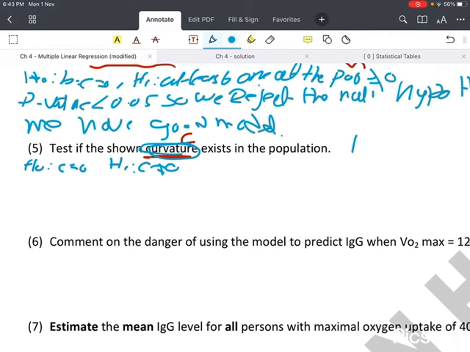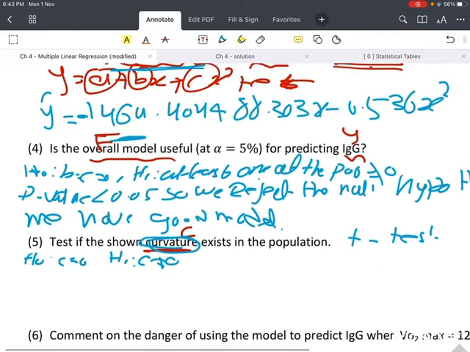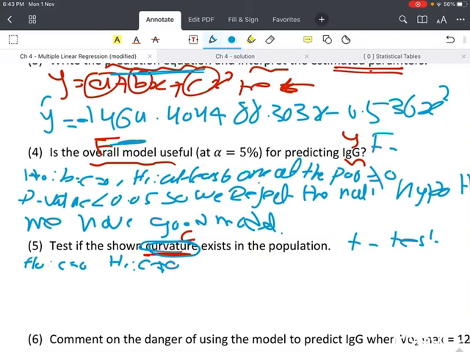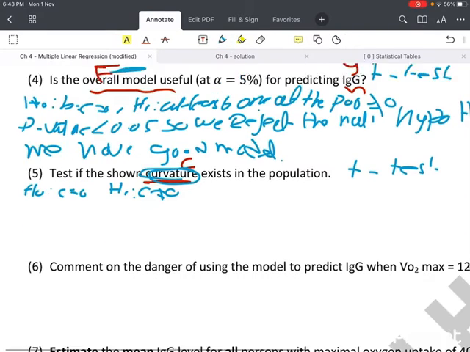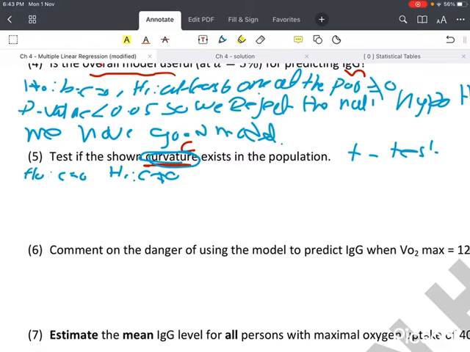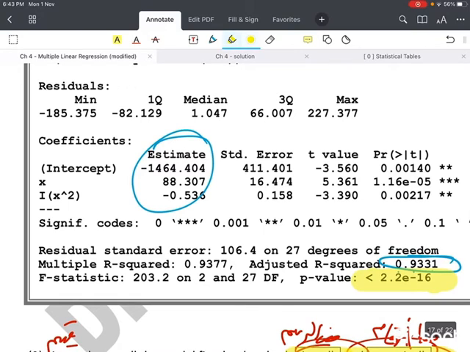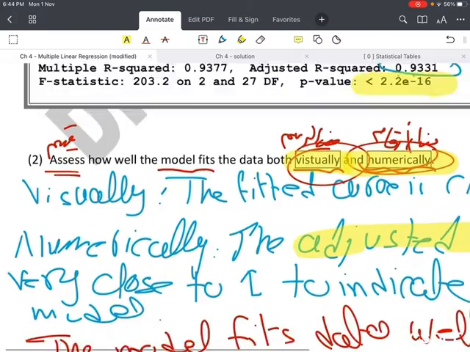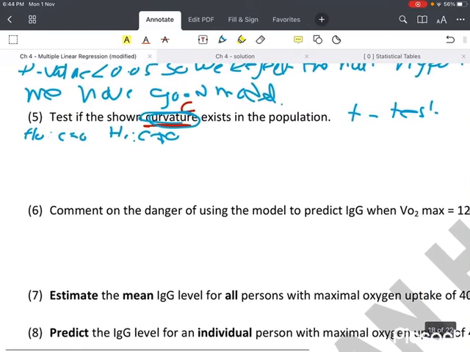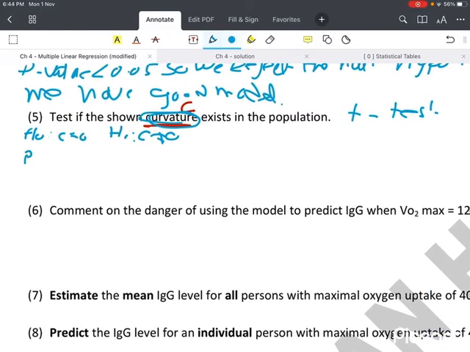So we'll use the T test, while here we use the F test. Then the P value you will use is for C. So you will find C, yeah, this 0.00217. The P value is 0.00217.